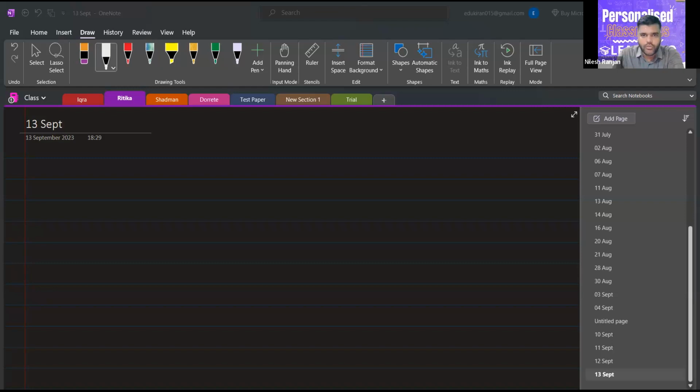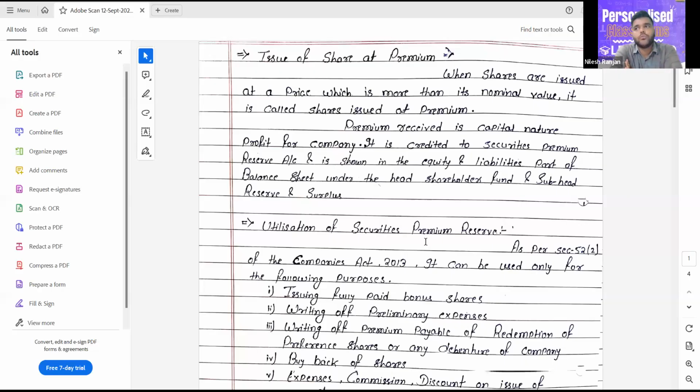Can you tell me what is forfeiture, if you know the definition part? The forfeiture is cancelling the shares because of non-payment of money. Yes. So when a company forfeits the shares because a shareholder has not paid its installment.